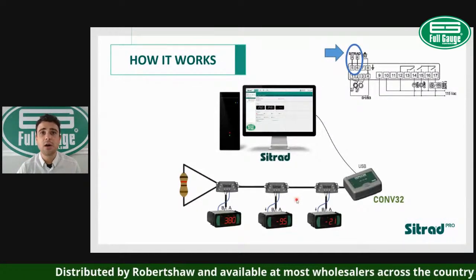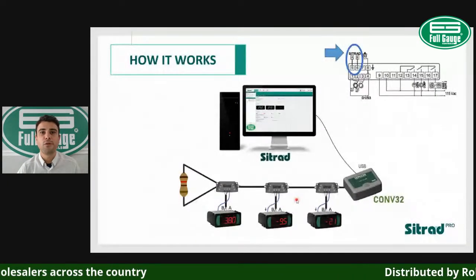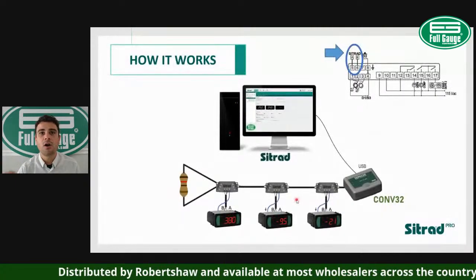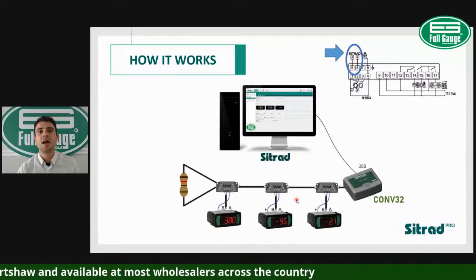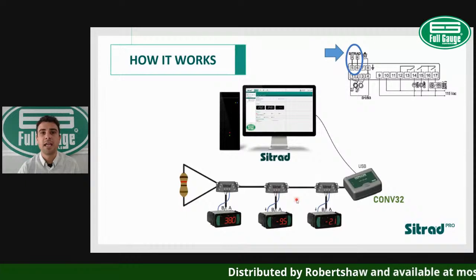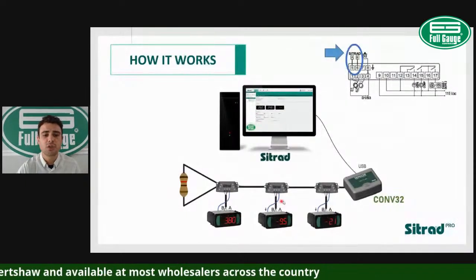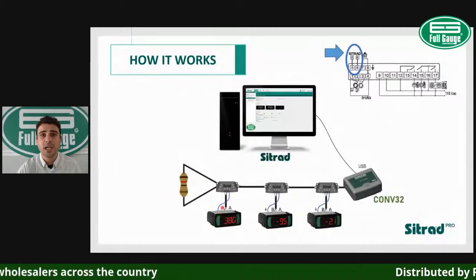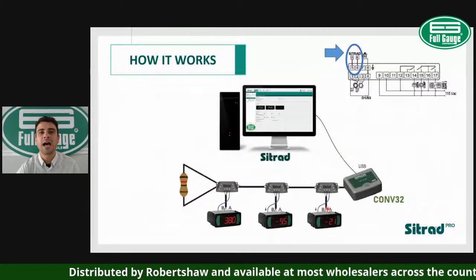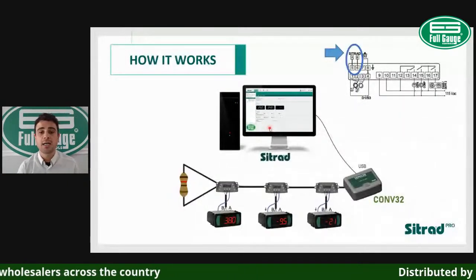The serial address is always the last parameter of your C-Trod compatible controllers. Once we assign unique addresses, for example address 1, address 2, address 3, and so on, my C-Trod software can easily recognize every controller connected to my C-Trod network.